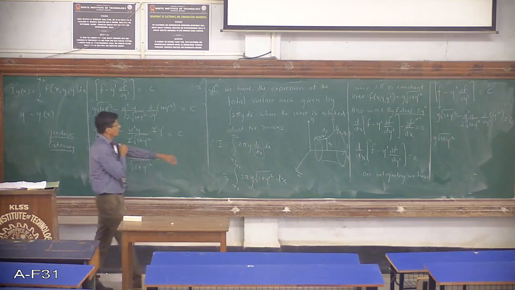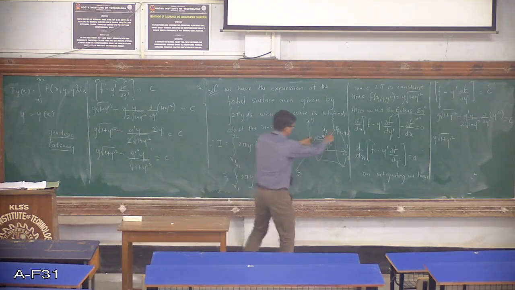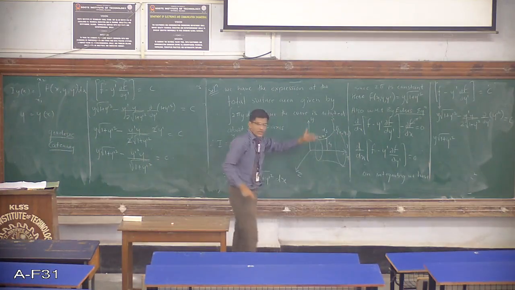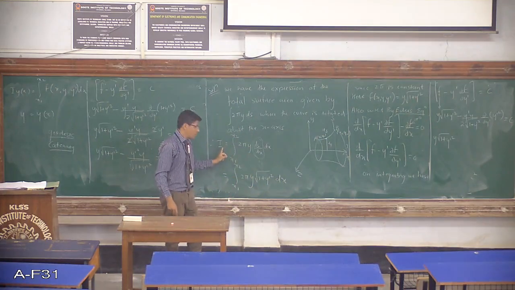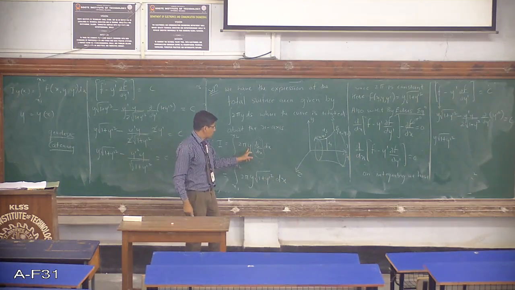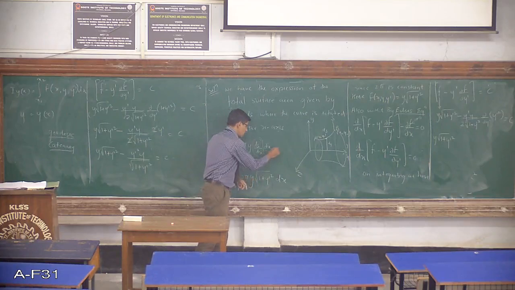So see the solution, that is the total surface area, when it is rotated, this time I am taking the x axis, it is given by the integral over x1 to x2 of 2 pi y ds, that is dx.